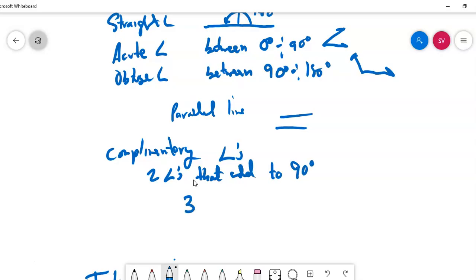So if I had one angle that's 36 degrees, the complement of that would be 54. If I had a 19-degree angle, the complement of that would be 71 degrees.